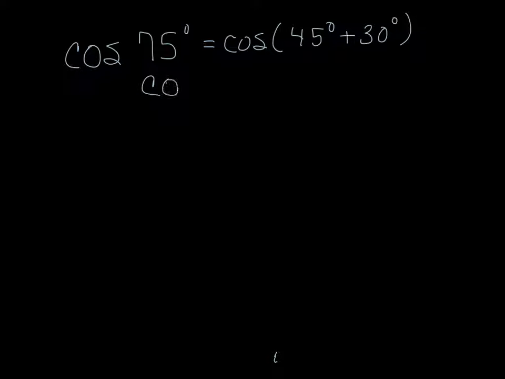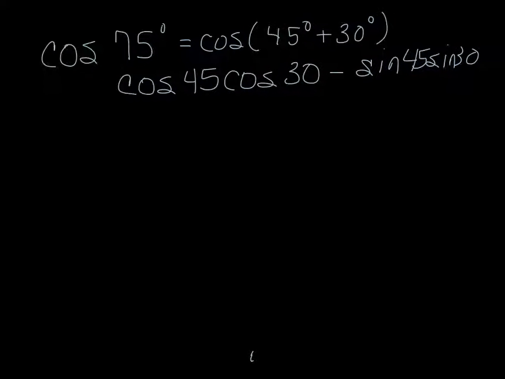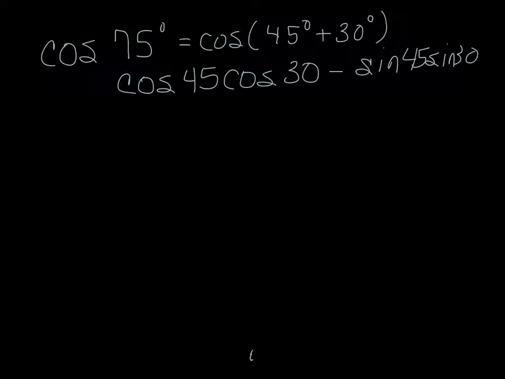The cosine of 45 times the cosine of 30 minus the sine of 45 sine of 30. All right, the cosine of 45 is square root of 2 over 2. The cosine of 30 is the square root of 3 over 2.